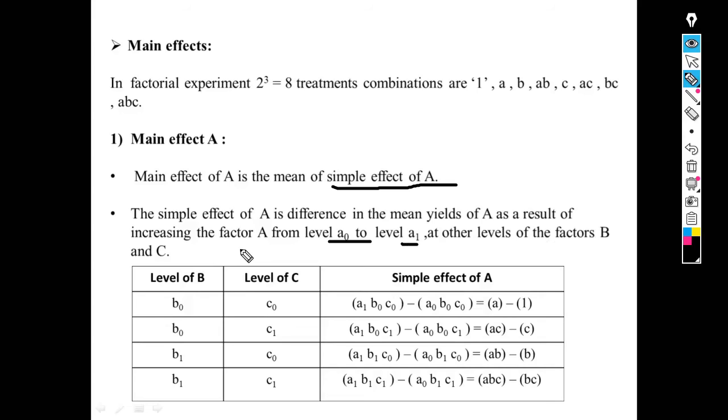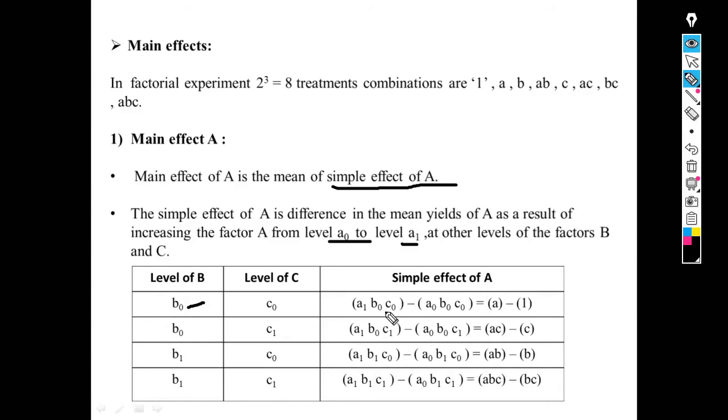So here first we find the simple effect of factor A. To find it, consider levels of factor B and levels of factor C, and different combinations of those levels. First we consider B0 and C0, that is, factor B and factor C both at the first level. So we get the simple effect of A as A1 B0 C0 minus A0 B0 C0.